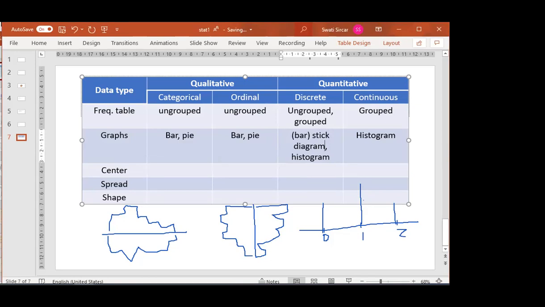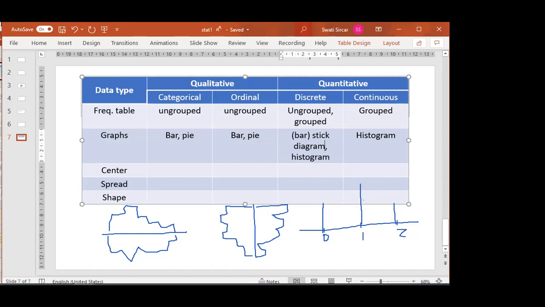Now, for this grouped data, there is another kind of graph which is used very little. In fact, its potential is not really harnessed in the textbook, which it should have been. And that comes only around class 10 at the end of the chapter for NCERT.